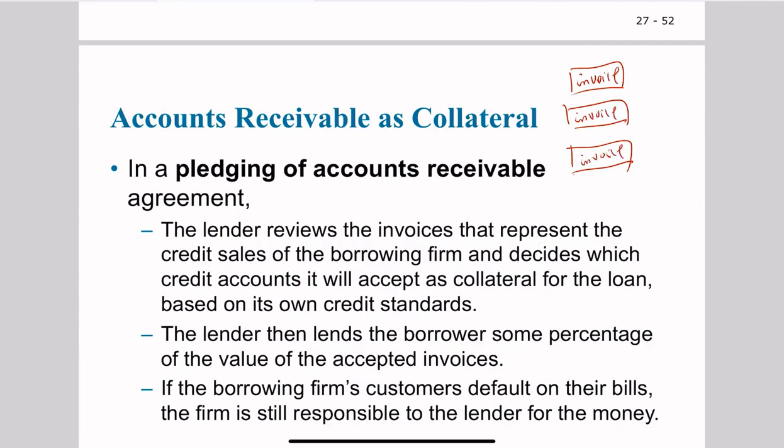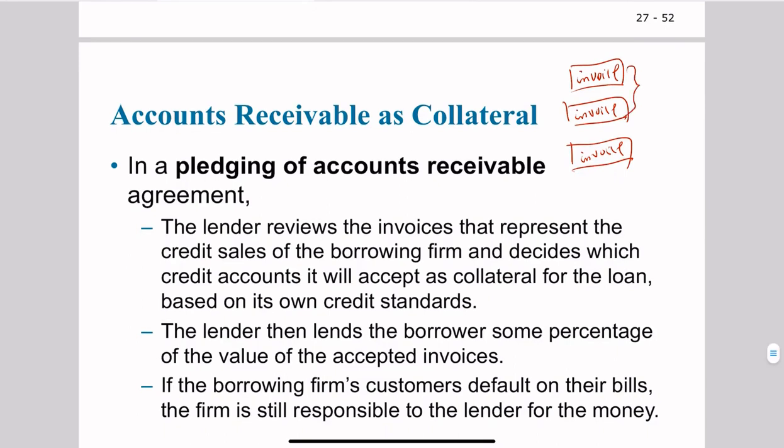And then the bank will examine these invoices, and maybe the firm has some determination process on which invoice is suitable as a collateral. Let's say in the end the bank decides, okay, these two invoices can serve as collateral.